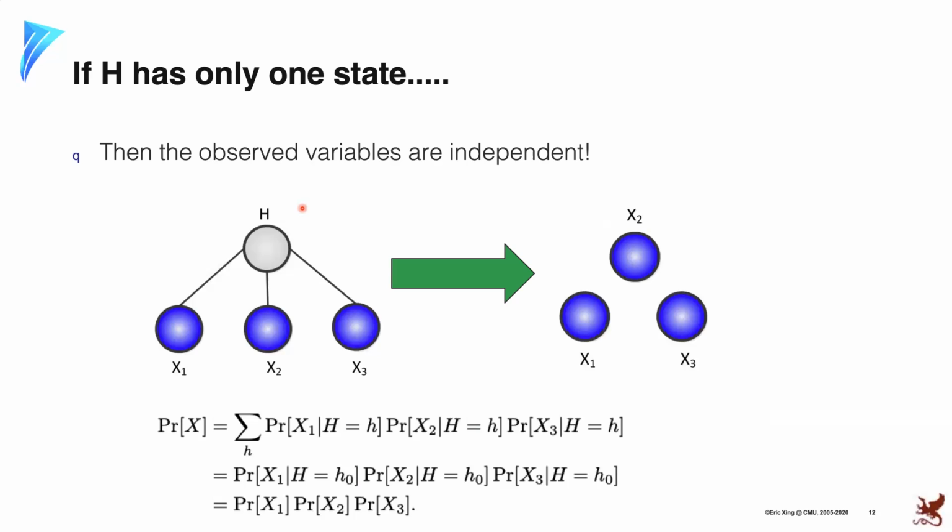Okay, so for the remaining material, we are interested in learning the joint probability of x, which is a big tensor, the joint probability of x1, x2, and x3. So we're interested in the joint distribution over the three variables.